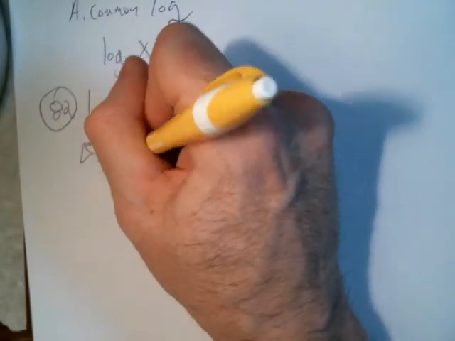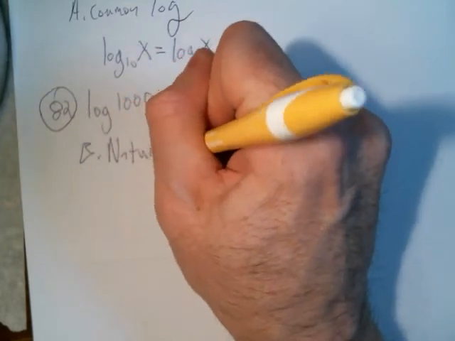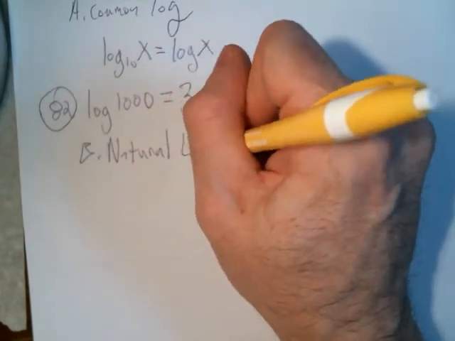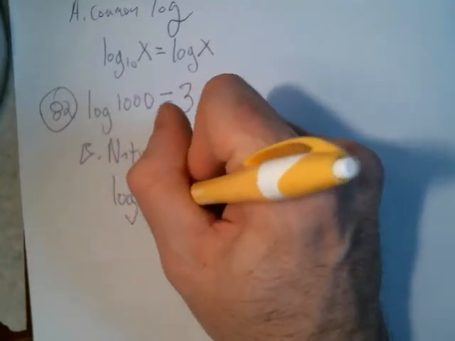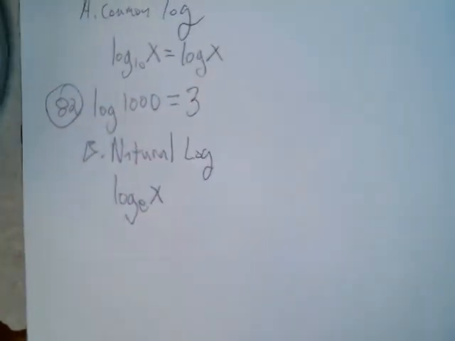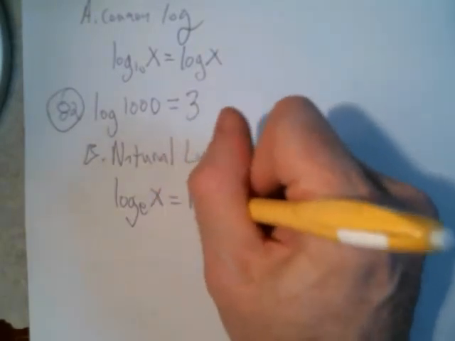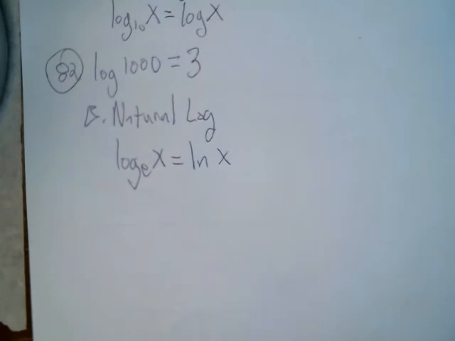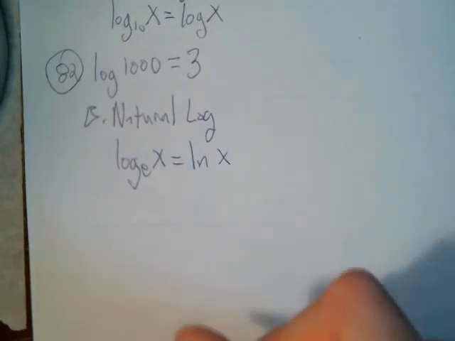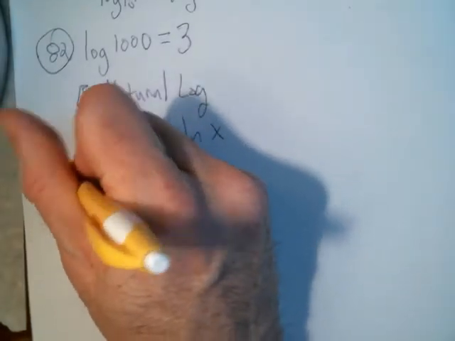The next kind of log is the natural log. And this is log base e. Okay, so instead of writing log base e of x, you're going to write ln of x. Okay, so they'll have problems associated with this.